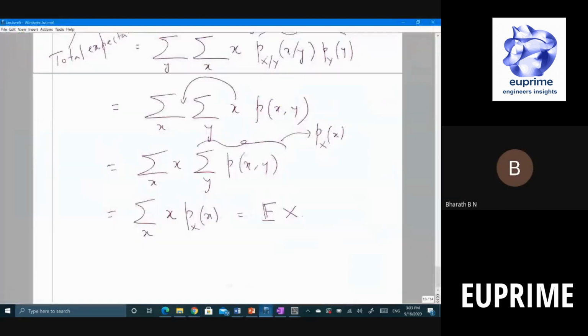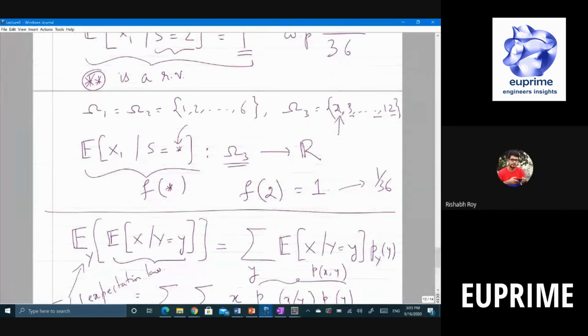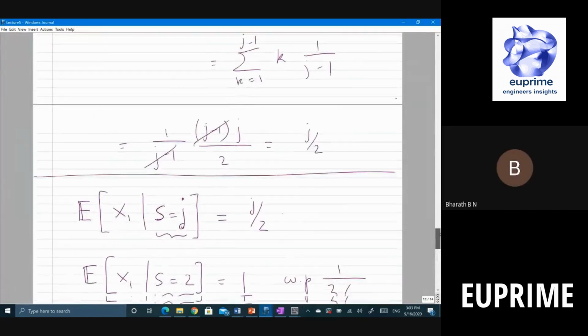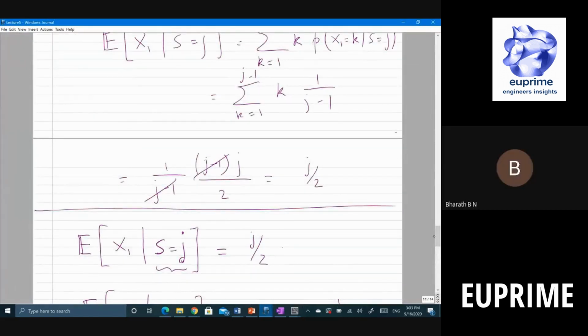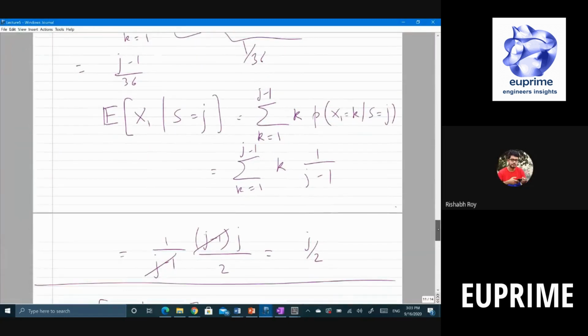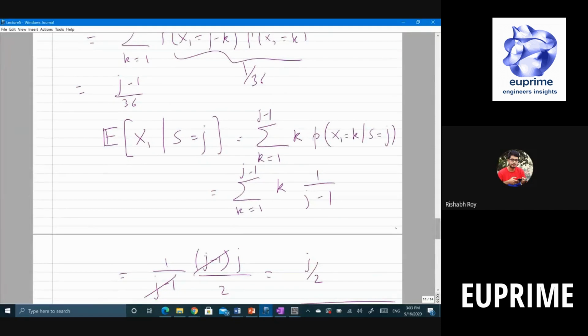Let me just open that. Which one are you talking about? This one, right? Here the limit of x1 is from k equal to 1 to j minus 1, where the sum is equal to j, and s can take values from 2 to 12. Okay, supposing s takes value j.